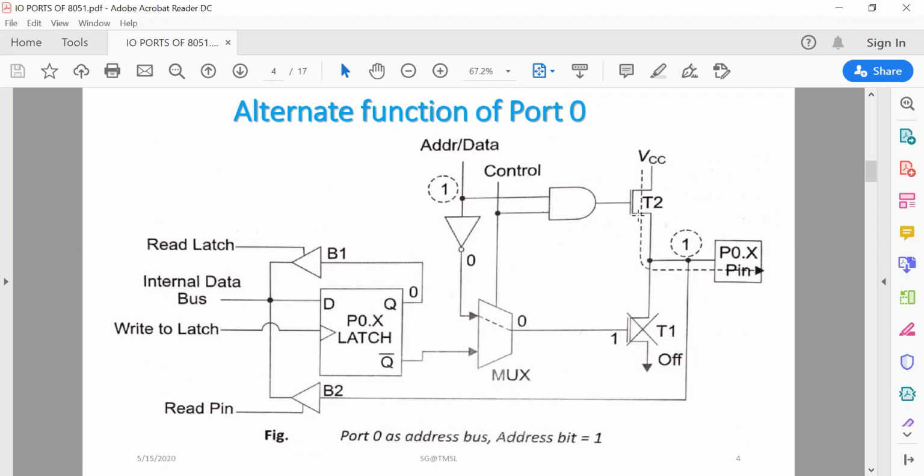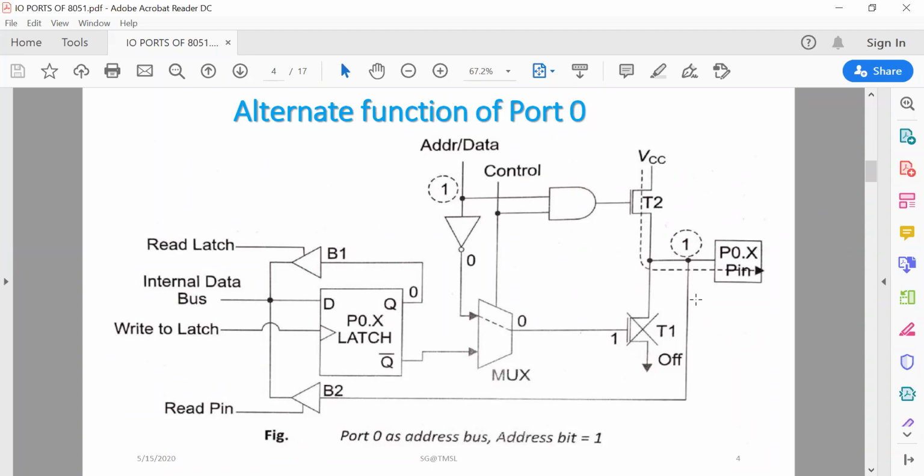If data is to be written to the external memory, port 0 is used as the address bus or data bus in external memory operation. The data will be written to the pin exactly the way the address is written to the pins.